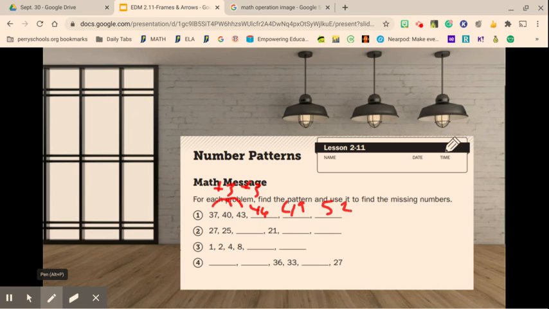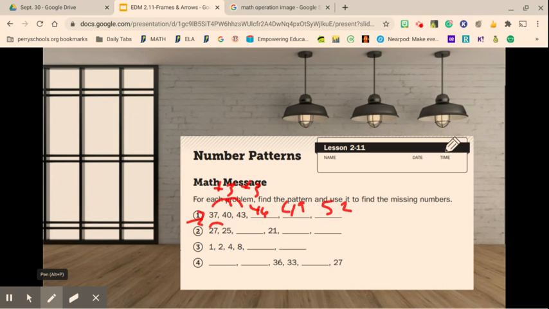Number 2 says 27, 25, blank, and then 21. I'm noticing that these numbers are decreasing. When a number decreases, I will be subtracting. From 27 to 25, that is minus 2.